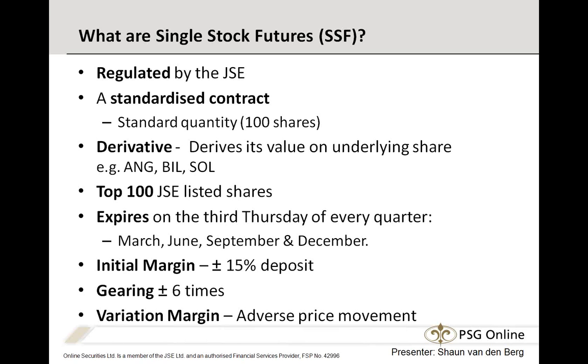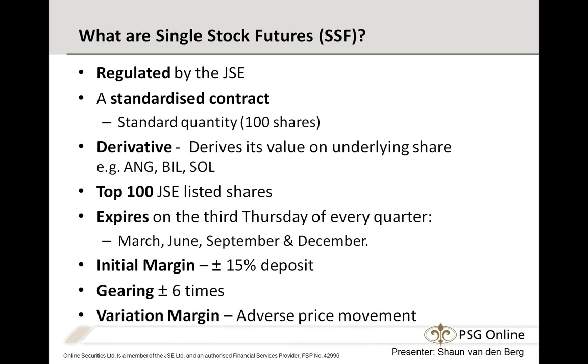As I mentioned just now, these are geared products, so you're putting down roughly about 15%. Now this initial margin is decided by the JSE on a quarterly basis. That's a random amount. So as a percentage, it's roughly about 15%, but it varies. Okay, so if I'm putting down 15% deposit to have 100% exposure, my gearing, my leverage, it can be up to 6 times. And remember, as I say, what's important is you need to ring fence that initial margin.